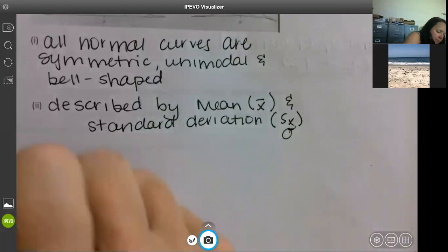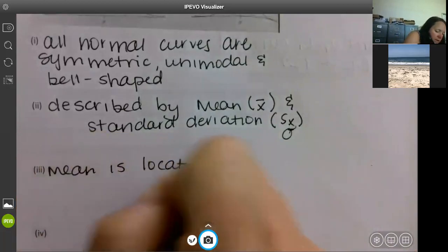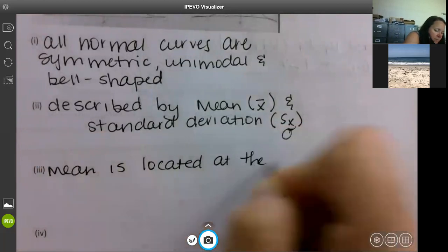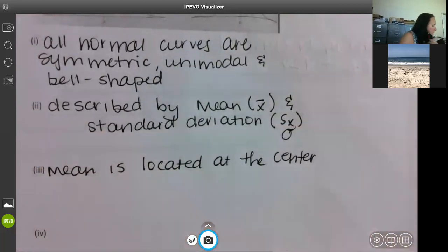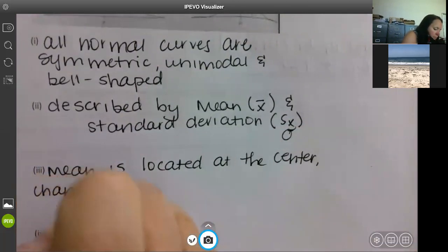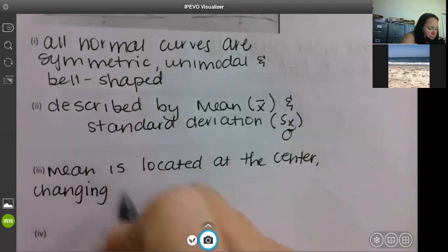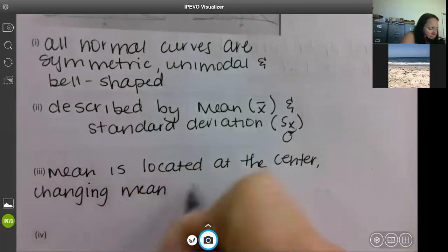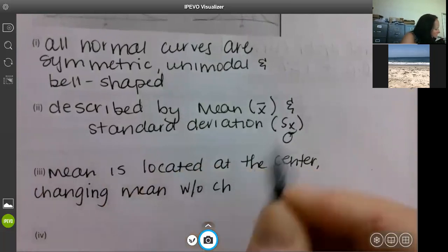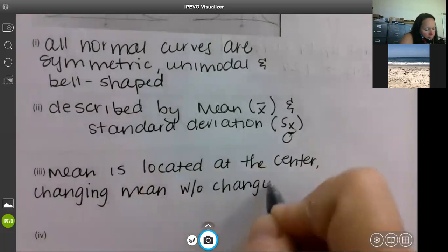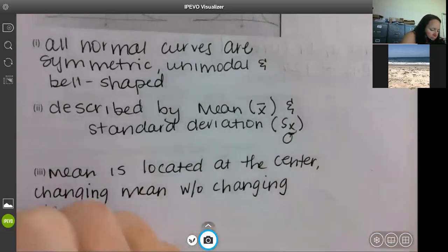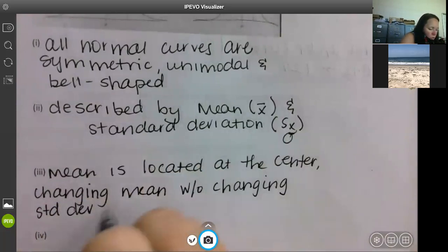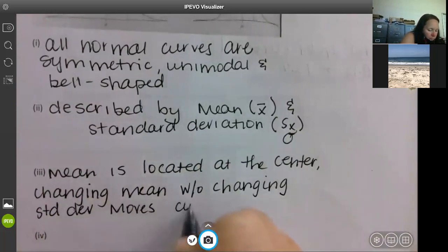The mean is located at the center. Changing the mean without changing the standard deviation moves the whole curve left or right.